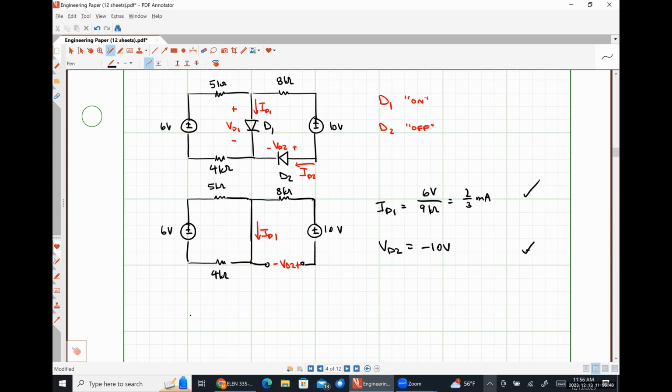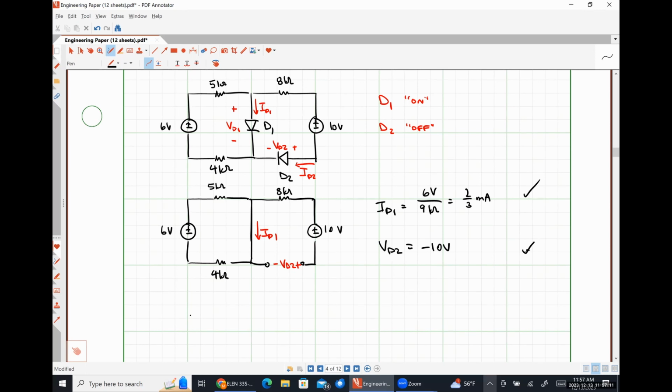The current's positive. That's it. So if the current's positive, it's correct. If we had made an incorrect assumption, the current would have been negative, which can't be true for a forward biased diode. And if this voltage here were positive, that can't be true for a reverse bias or off diode.